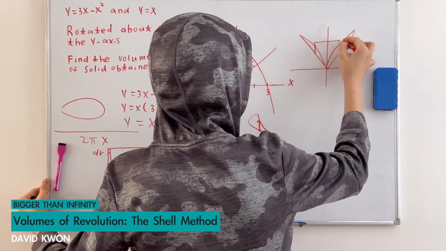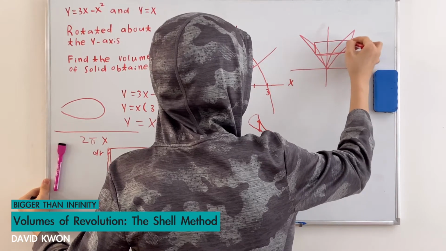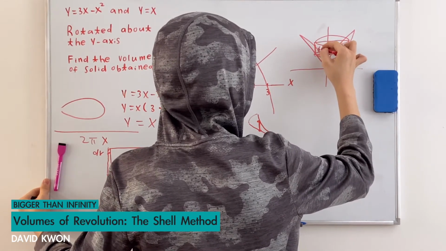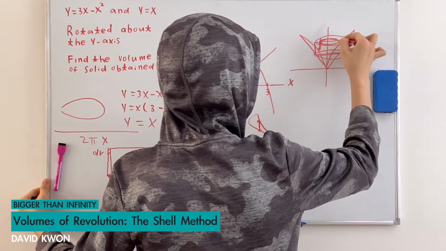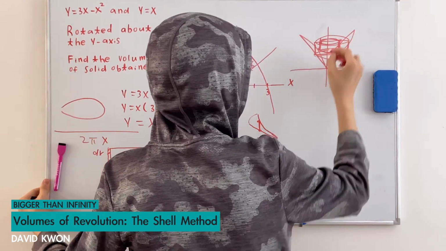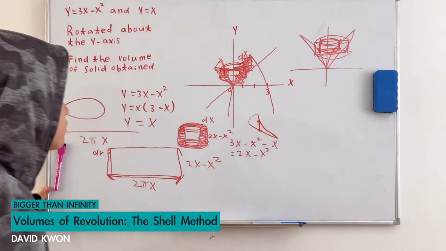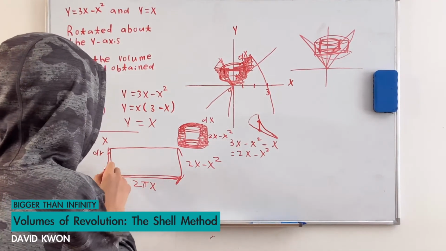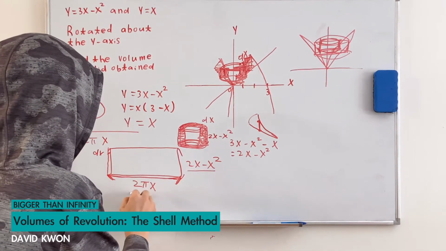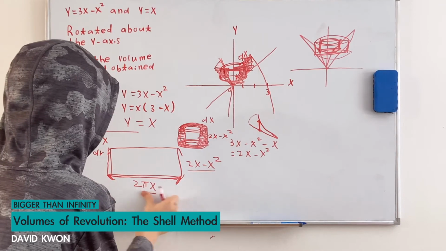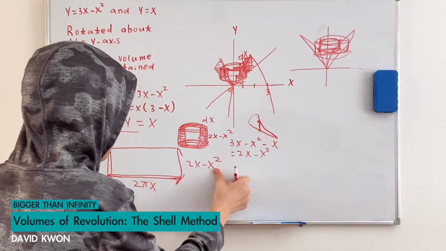This is our cylindrical shape, and the mid part is right here. So for the inside volume, we can just multiply this by this by this and get our answer.